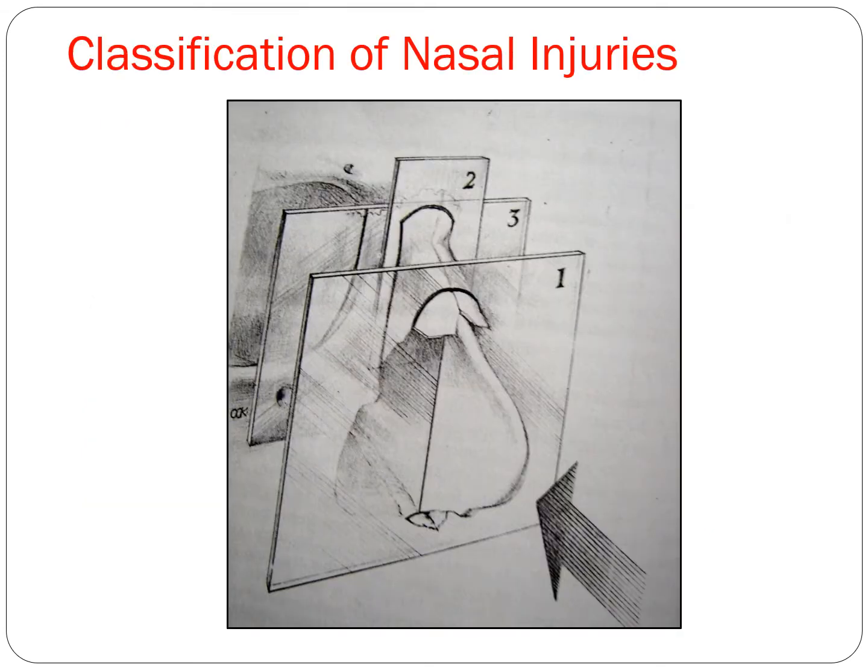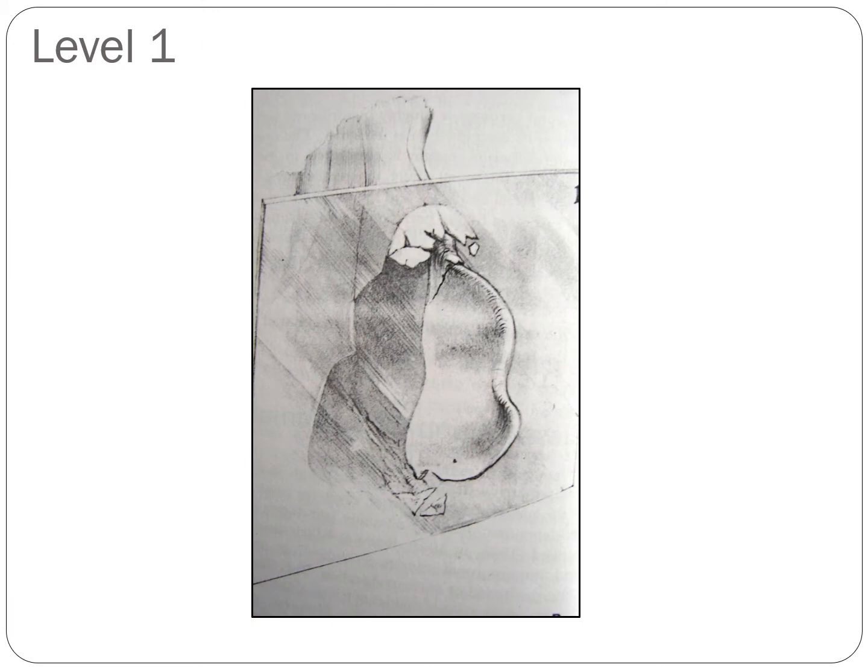So the nasoorbital injuries are classified into three levels according to vertical lines. The first one, level one: the injuries do not extend beyond the line of the lower end of the nasal bones and the anterior nasal spine.